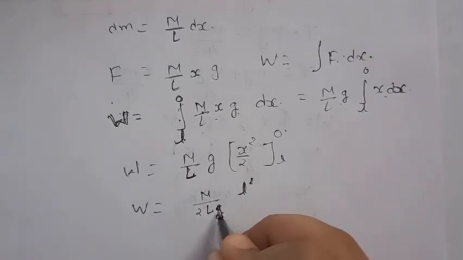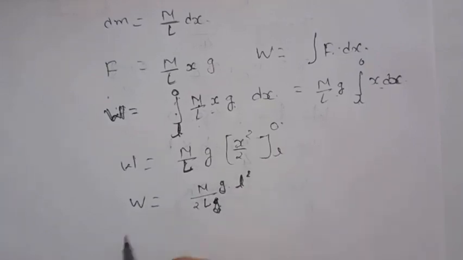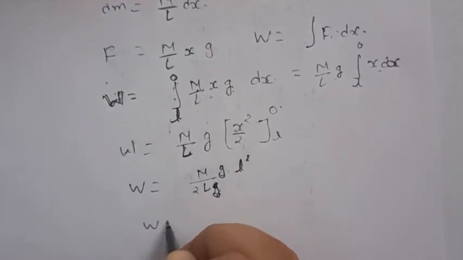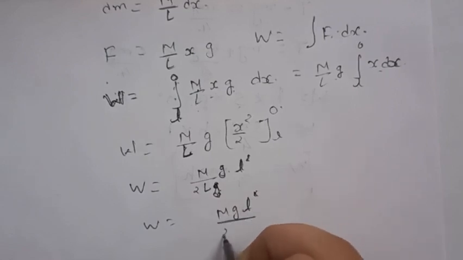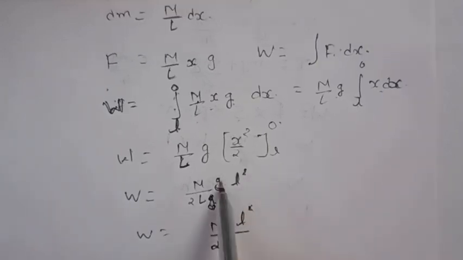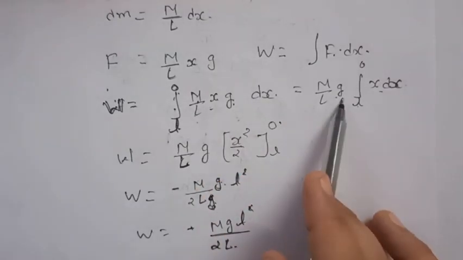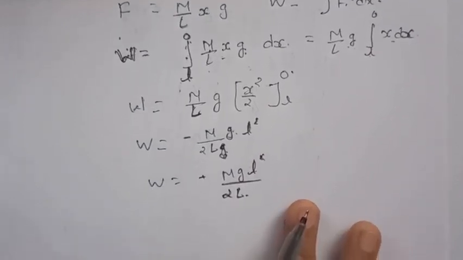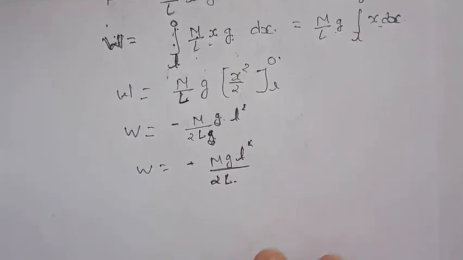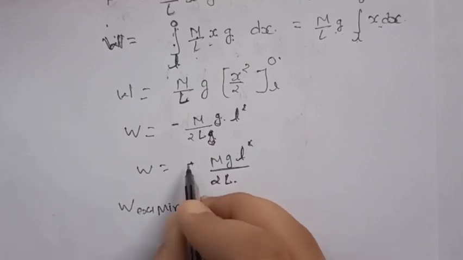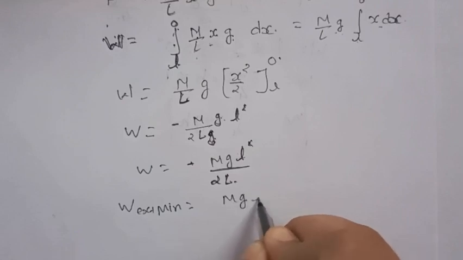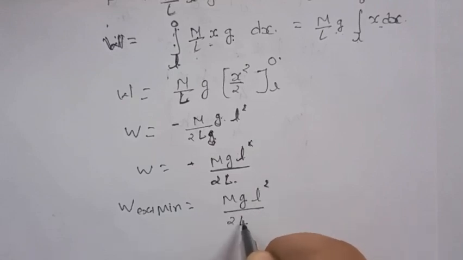The g is in multiplication. So writing the formula properly, W will be mg l square divided by 2L. This answer will be negative because we have found the work done by the gravitational force. So the minimum external work done required will be positive: mg l square divided by 2L.